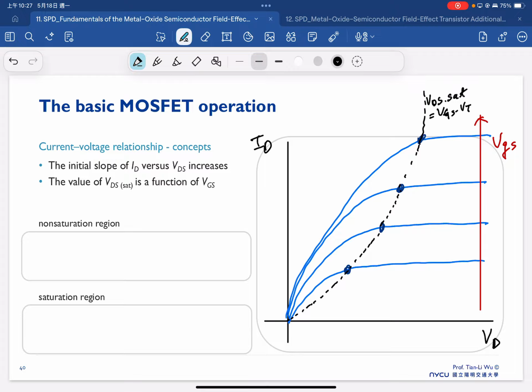So therefore, we can still define this region as the saturation region, and this region is the linear region.